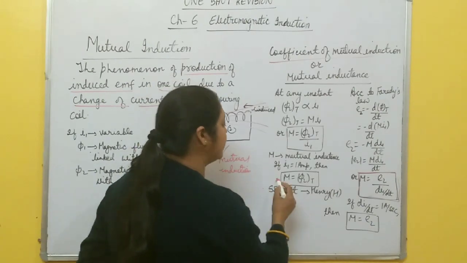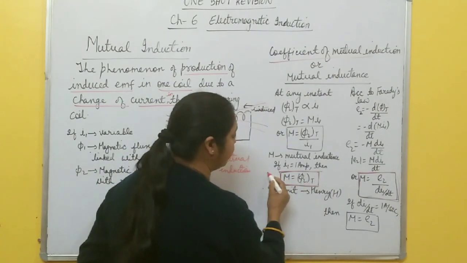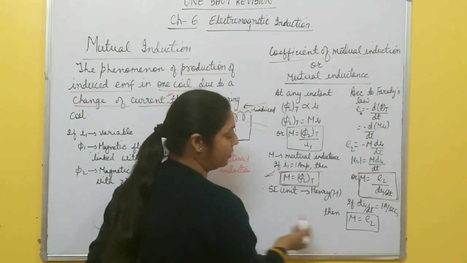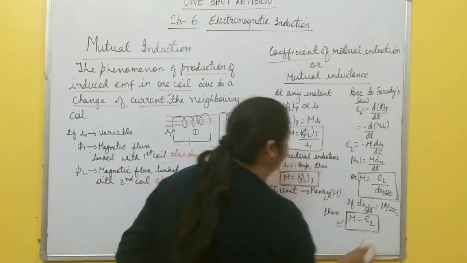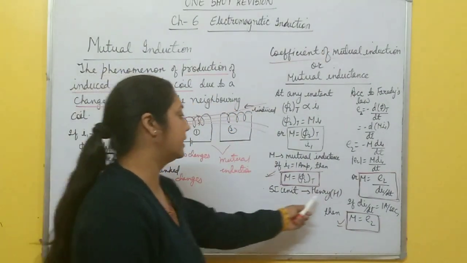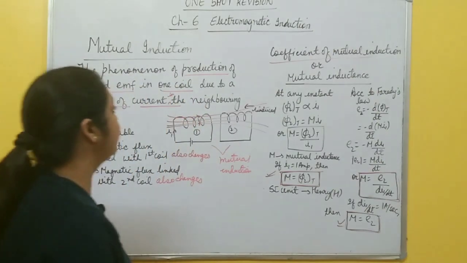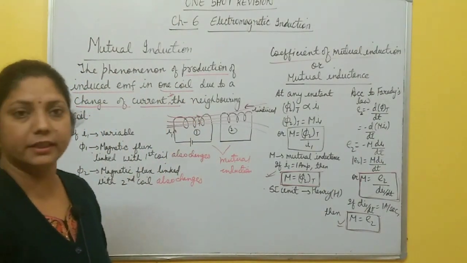So in both ways you can define mutual inductance, in terms of flux in the second coil, or in terms of induced EMF in the second coil, and its SI unit is again Henry, right? So this is about mutual induction and coefficient of mutual inductance.